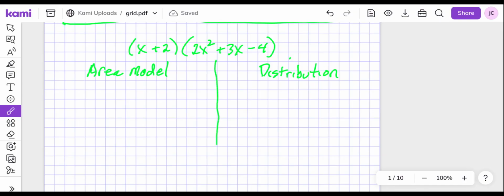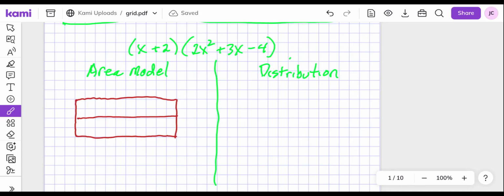All right. Let's do it. So my area model, if you recall with the binomial times a binomial, I needed to split my rectangle up 2 by 2. But here I've got a binomial, so that means I'm going to split this up by 2.